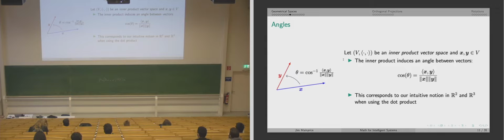So when using the dot product here for the inner product there, we have our intuitive notion of angles between vectors. What I'm asking is simply, when we do have this assumption here that the inner product is the dot product, what does it mean for the matrix representation of the inner product? And what we consider in terms of basis then? What is the implied basis that we have? Yeah, and then what would be the matrix then?